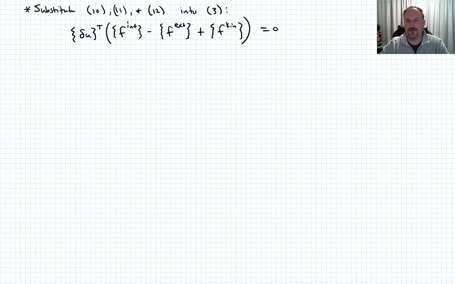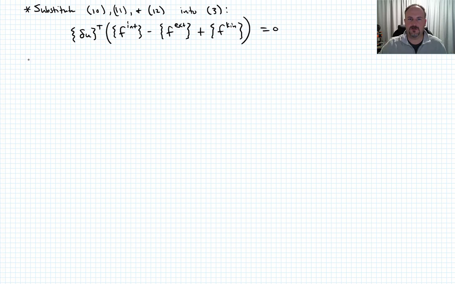What can you say about the virtual displacement? Did we ever define that? No, we said it acted like a weight function or a test function. It's arbitrary. It can be anything. So the only way equation 24 can be true for all possible virtual displacements is if that term in parenthesis is 0.